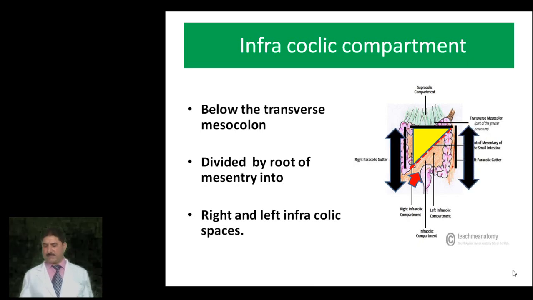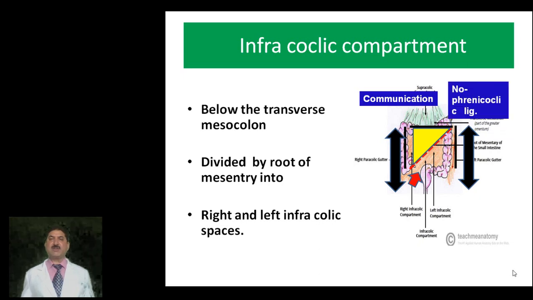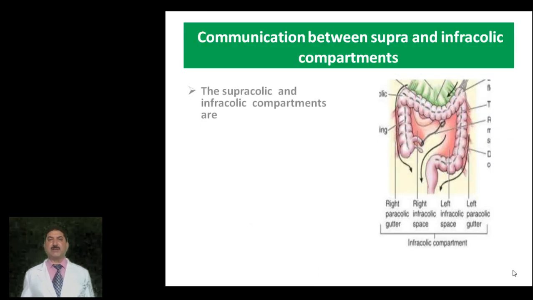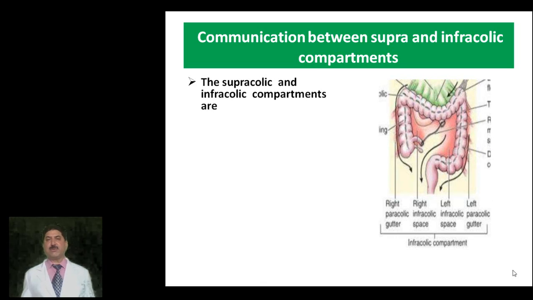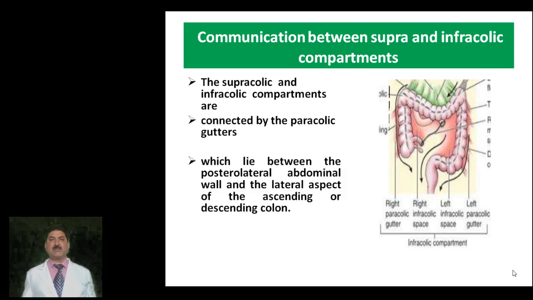Infections can go from infracolic compartment to supracolic compartment through the right paracolic gutter, but they cannot pass through the left, due to the presence of the phrenicocolic ligament. The supra and infracolic compartments are connected by paracolic gutters, which lie between the posterior lateral abdominal wall and the lateral aspect of the ascending or descending colon.